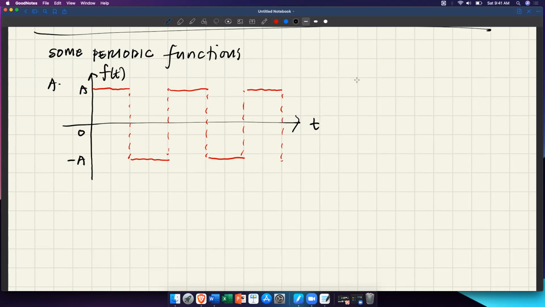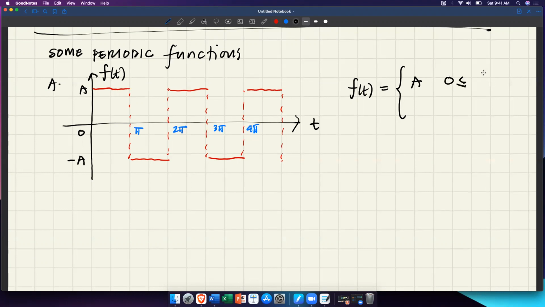Mathematically, this is the definition of this function. The value of f of t is equal to a when, assuming that we also put the values of time here, let's say pi, 2 pi, 4 pi, and so on.